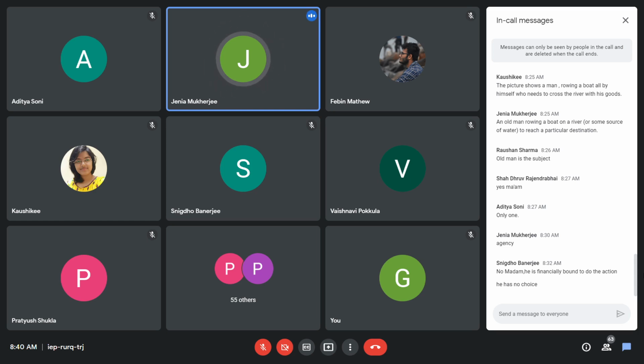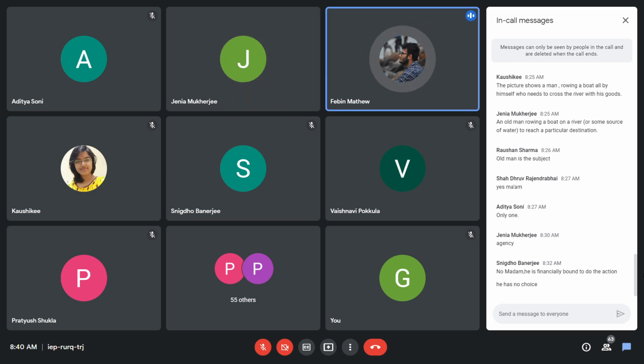All this should play an important role in deciding the materials, the shape of the boat and the other parameters involving the boat, right? Yes, ma'am. According to the picture, it seems like it's a wooden boat.